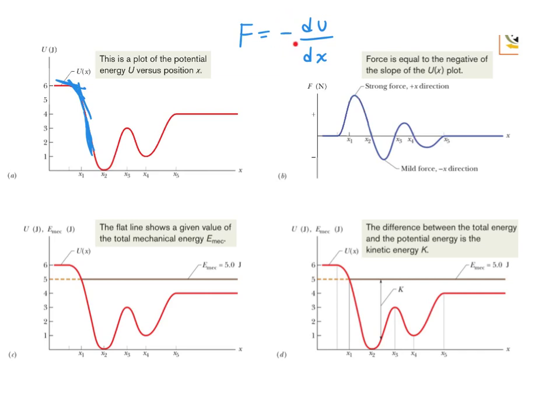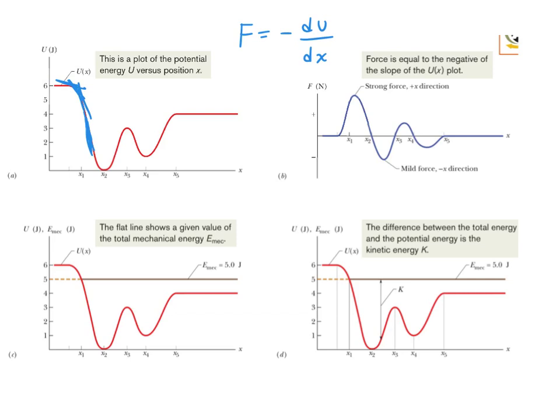And that comes from the fact that we have this negative sign here. So the force felt by this object moving as a function of position x spikes up until it becomes a maximum at x1. And then it starts to teeter off.